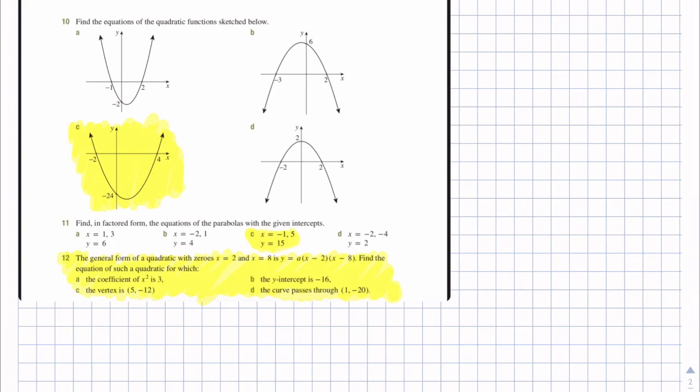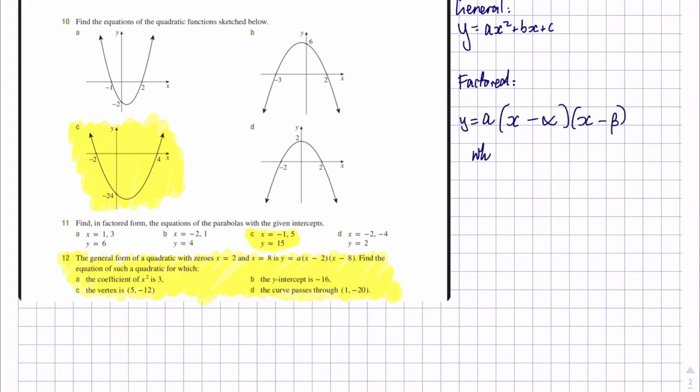To do these questions, you need to know that while the general form of the quadratic is y equals ax squared plus bx plus c, the factored form is y equals the same a outside of (x minus alpha)(x minus beta), where alpha and beta are our x-intercepts, which is another word for zeros.